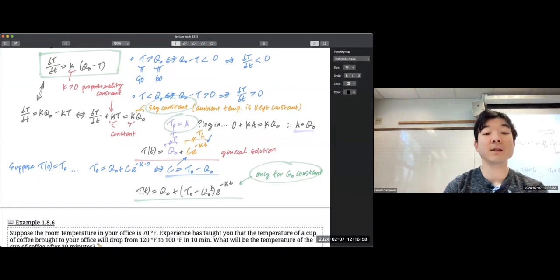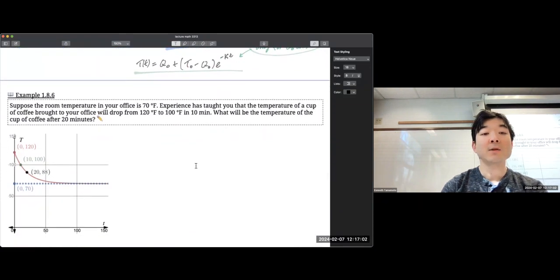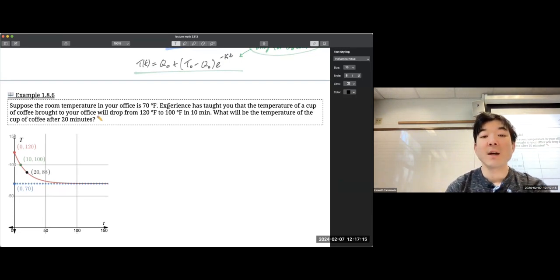Okay, so we'll use this first case and do an example of it right now. Suppose the room temperature in your office is 70 degrees, and we're just going to assume that it's fixed at 70 degrees, and you have some thermostat that's setting it fixed to 70 degrees.